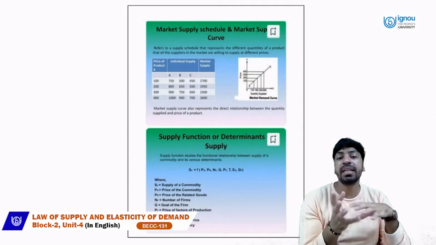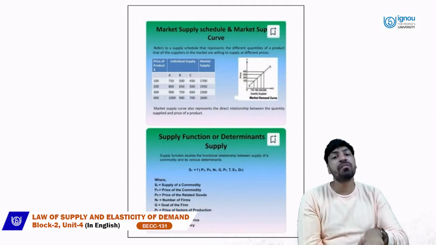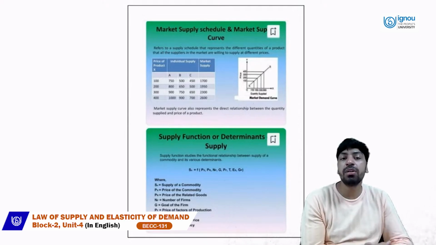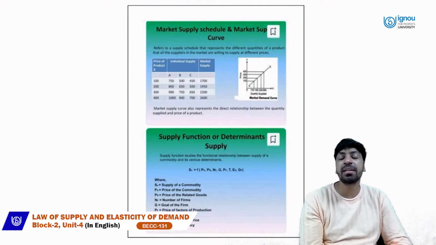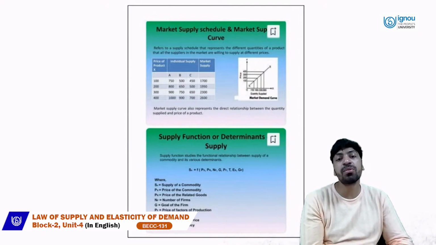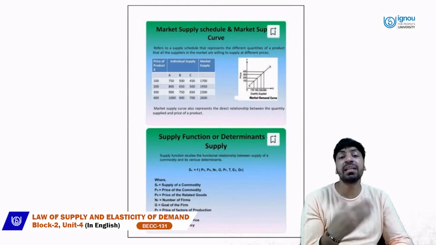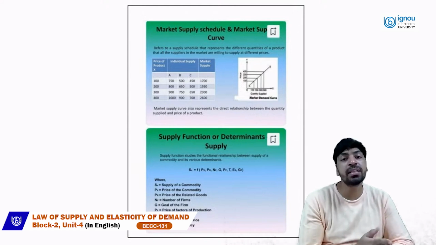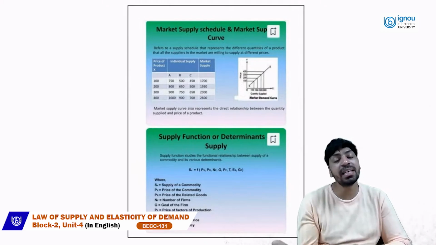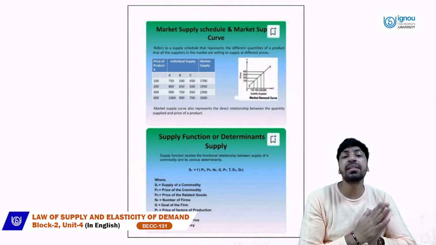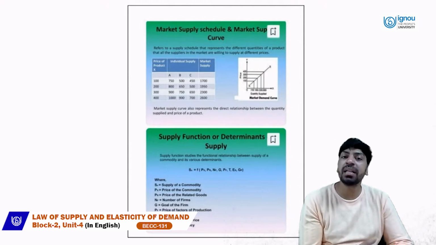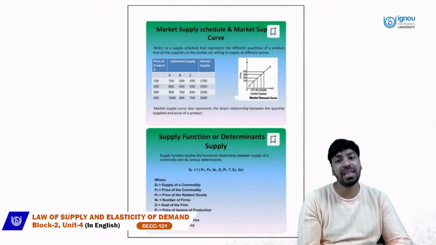So it's 1700, 900, 50, 2300, 2600. The price of the product goes on increasing, and the individual supplies also go on increasing, so automatically the market supply would also increase.